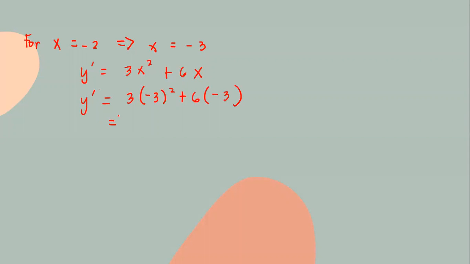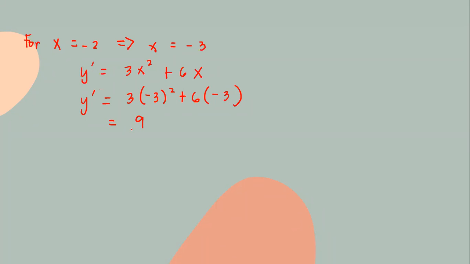Therefore, we have 9 times 3, which is 27, then minus 18. Therefore, y prime is 9.